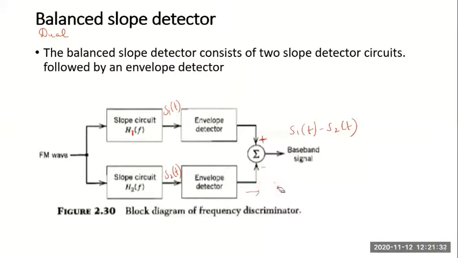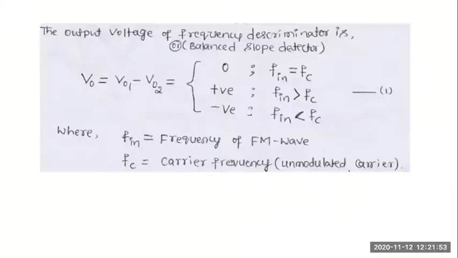This is V01 of t, and this is V02 of t, and the final output is also in terms of V01 minus V02. So it is V01 minus V02 of t.